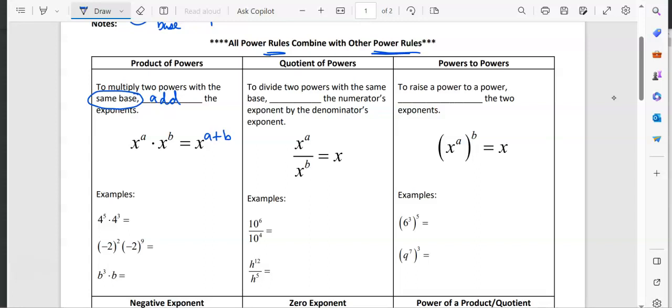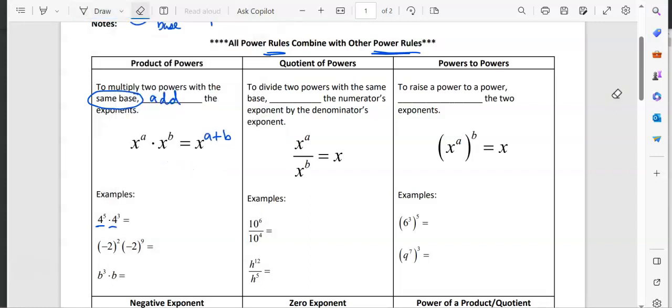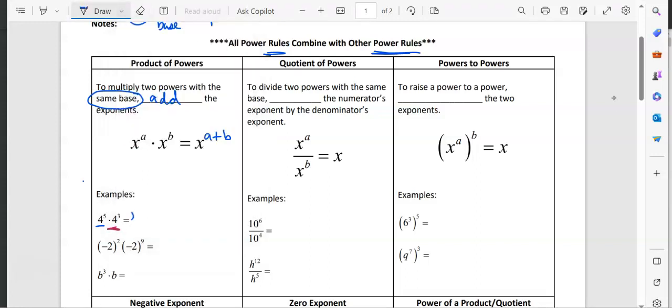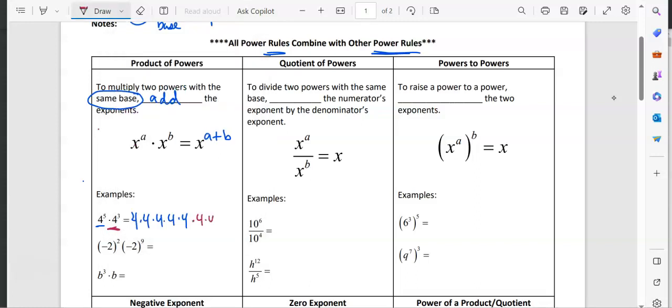I'm going to use this example here, 4 to the 5th times 4 to the 3rd, just to draw that out a little bit more for you and make sure you know why it's happening, especially if you haven't seen this before. So again, if I were to do 4 to the 5th power and write it out as I did in my warm-up, and then I were to write out 4 to the 3rd power, I would notice that I have 1, 2, 3, 4, 5, 6, 7, 8 4s all being multiplied.